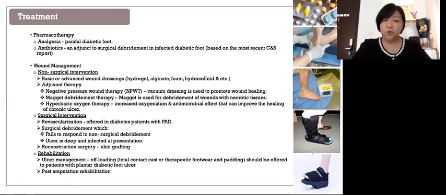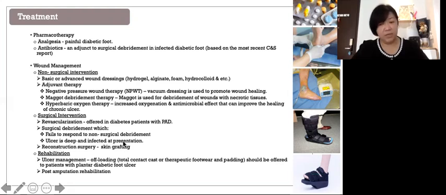If it's still uncontrolled with the non-surgical intervention, sad to say that we need to send the patient for surgical debridement and maybe reconstruction surgery like skin grafting. If the patient has a PAD problem, we can suggest the patient undergo revascularization.